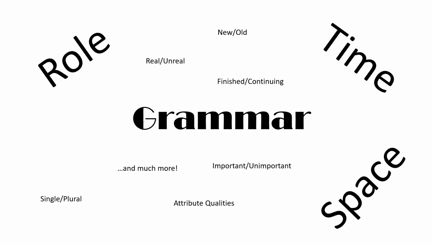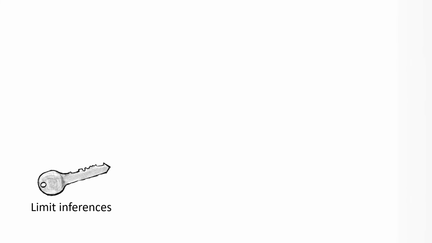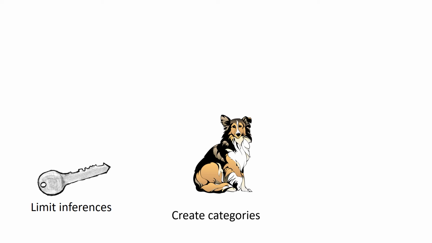Grammar allows us to show many more relationships as well. So to recap, we've just seen 5 advantages to using words to communicate. First, using words allows us to limit the number of possible inferences other people have to choose between when trying to figure out what we're trying to express to them. Second, words enable us to create categories that allow us to refer to different things with a single term.